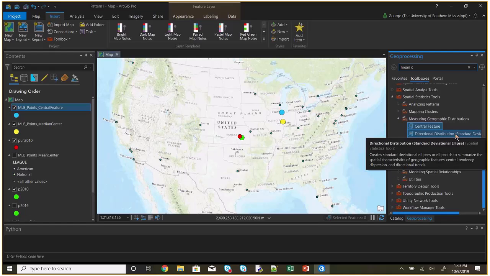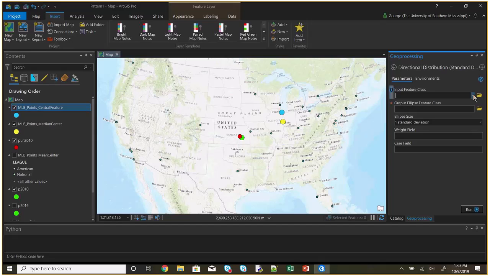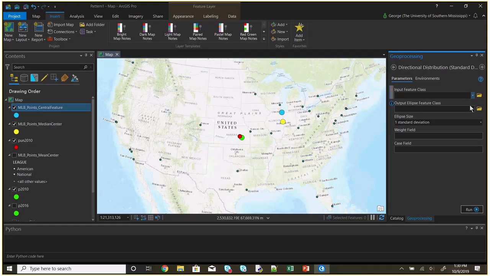What directional distribution does is it gives me a measure of the variance between the average distances of the features to the mean center. See this circle here? It gives me an idea of how dispersed a particular entity is.